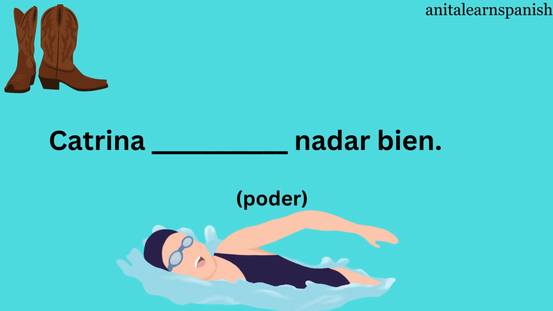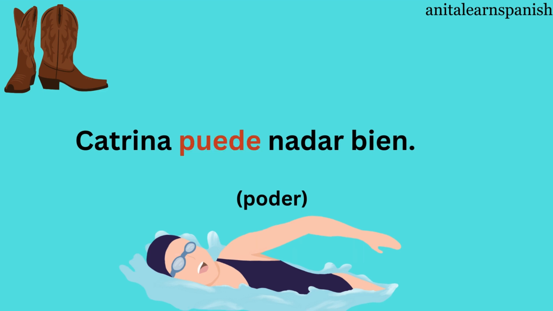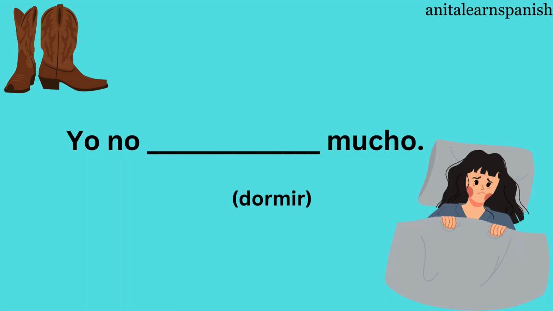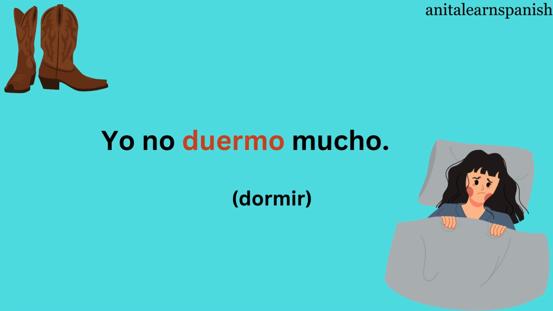We have our verb poder. Katrina puede nadar bien. Katrina can swim well. All right, so let's try this one. Yo no blank mucho. Oh, don't you hate nights like that? Yo no duermo mucho. I don't sleep much.